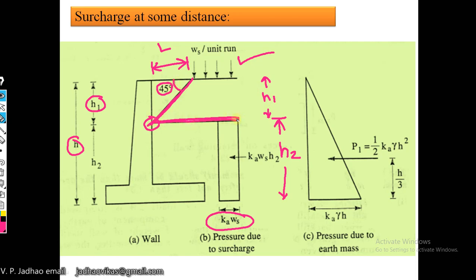From this portion we will have the earth pressure generated due to this surcharge. So the total pressure intensity generated here will be Ka Ws into h2, whereas due to the soil mass, the pressure intensity will be generated as usual.